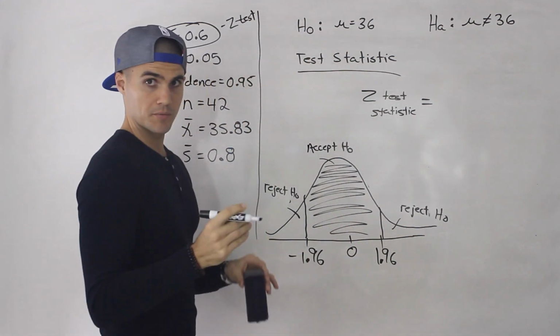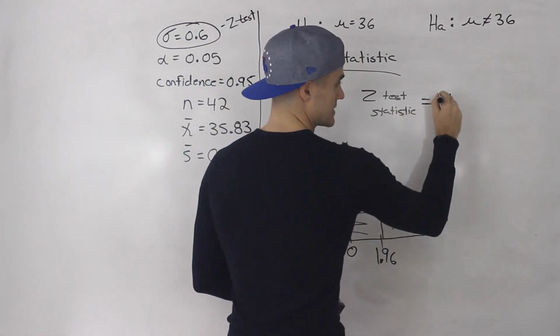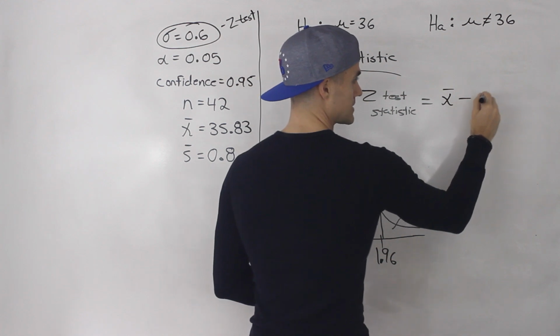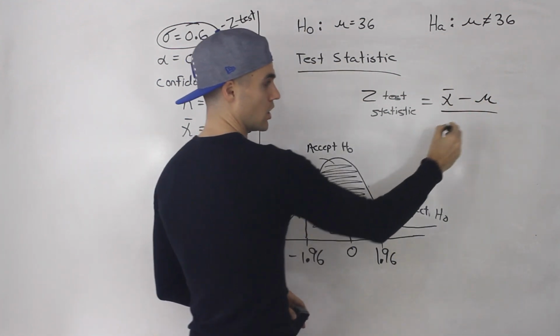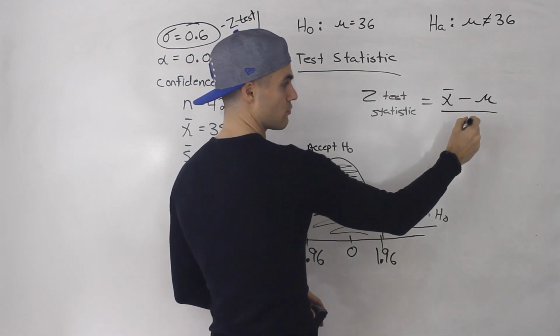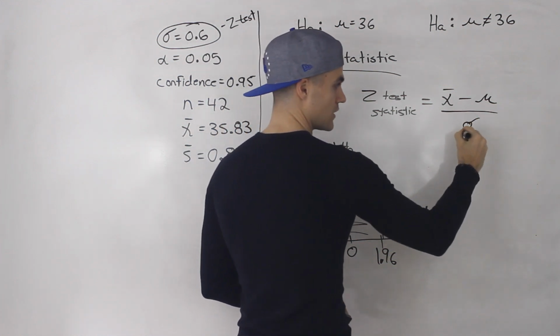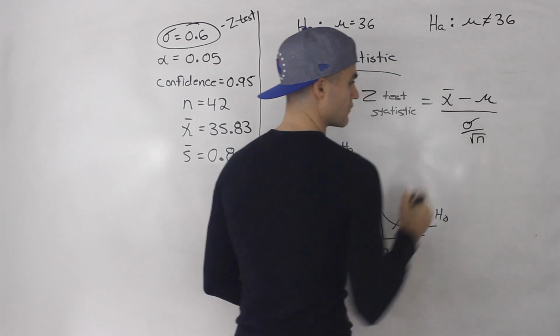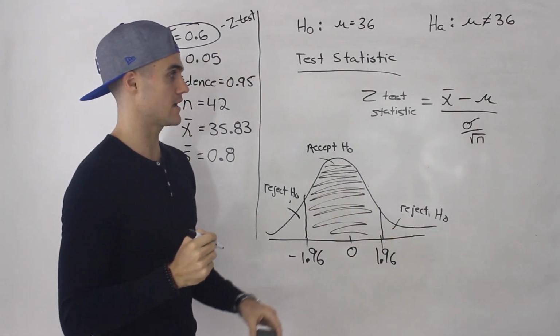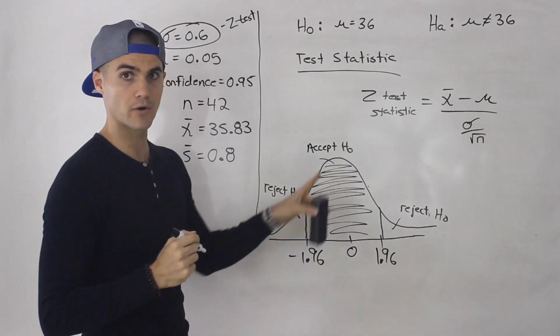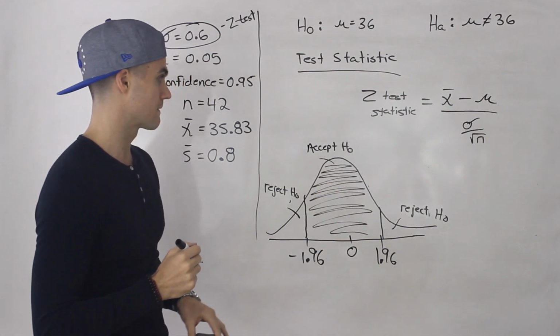And the general formula is basically the sample mean minus the population mean over the population standard deviation over the square root of n. That is the formula for a Z test statistic. So you may want to write that down right there.